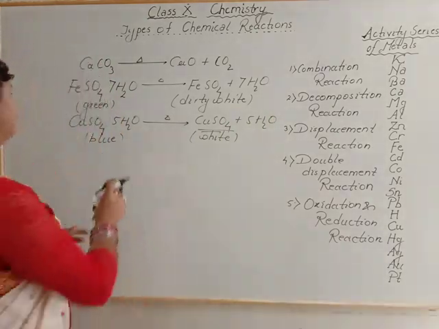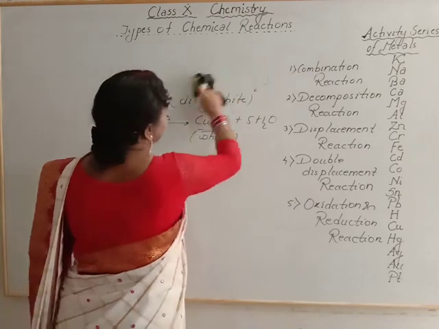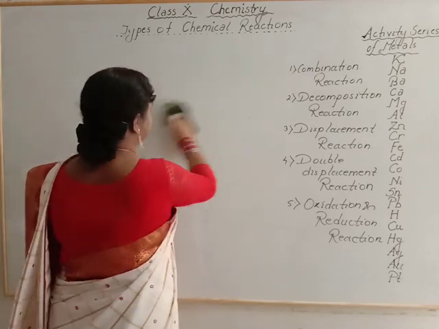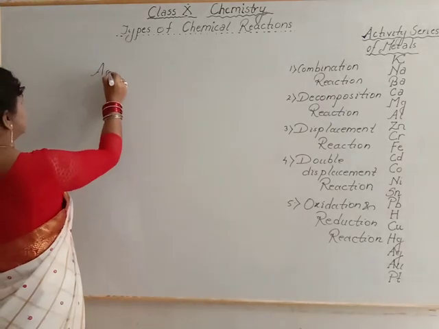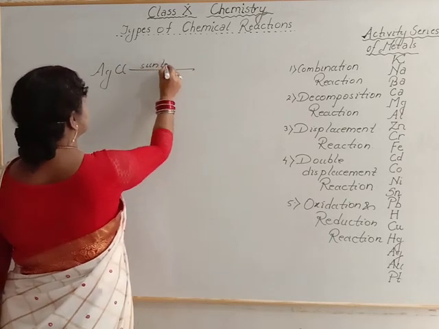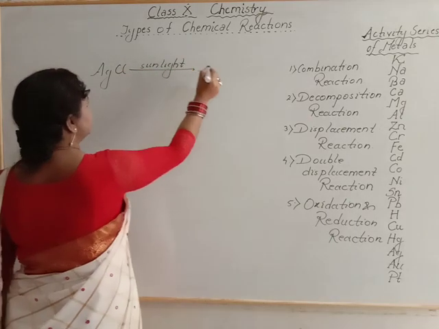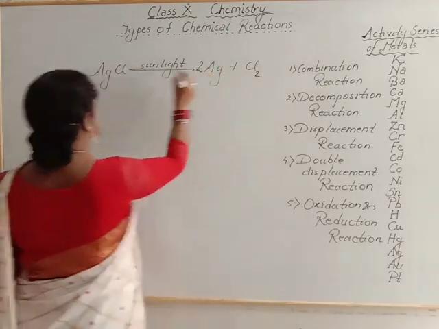Now see, decomposition reaction can be in the presence of sunlight. Example is AgCl, silver chloride, in presence of sunlight. What happens? It converts into silver plus chlorine.